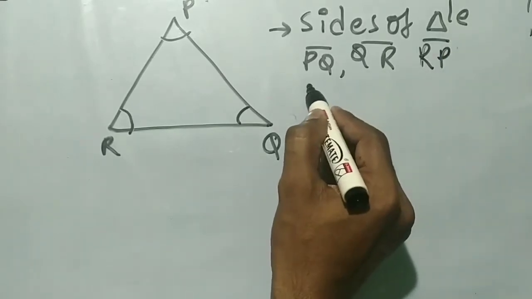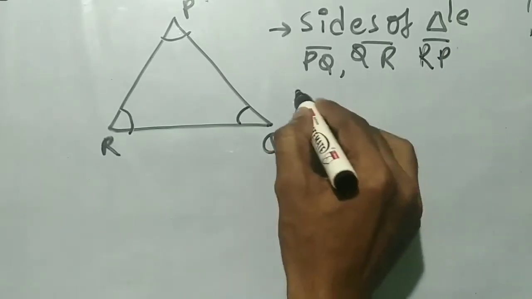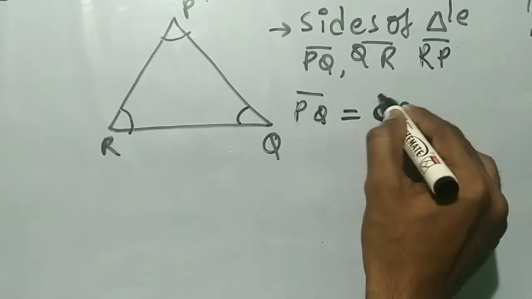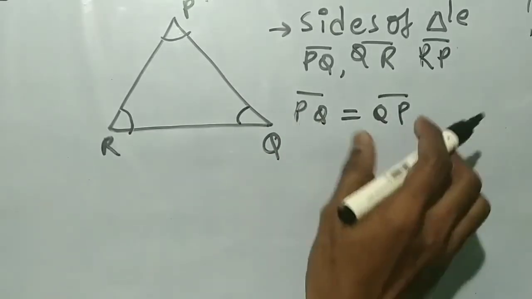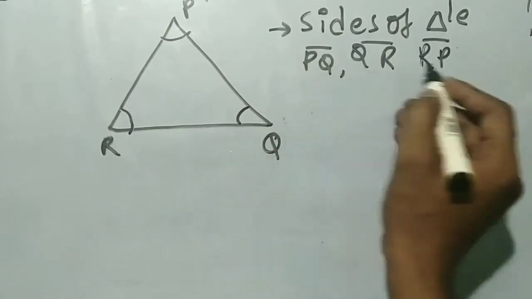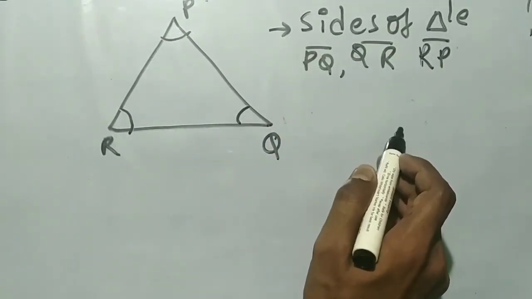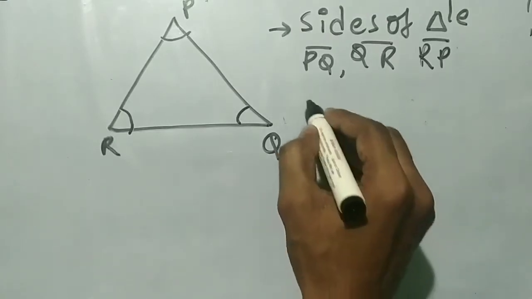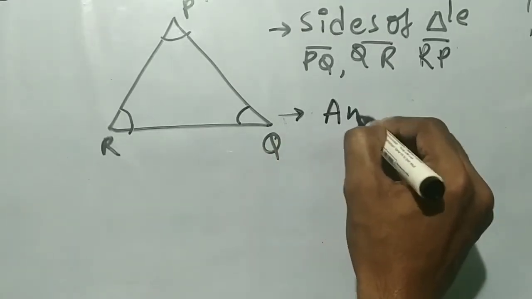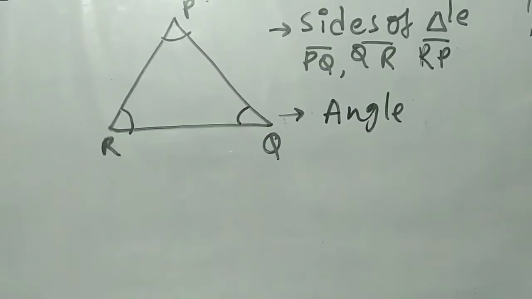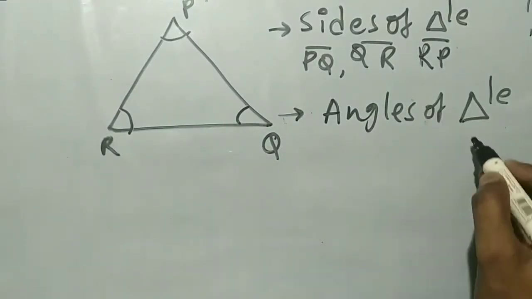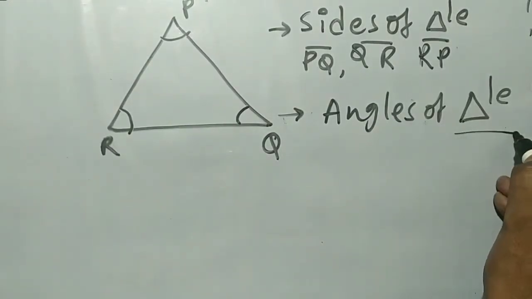Here PQ is equal to QP; we can write it in any way. These are the sides of a triangle. Next, the angles of a triangle. The symbol is a short form of triangle.